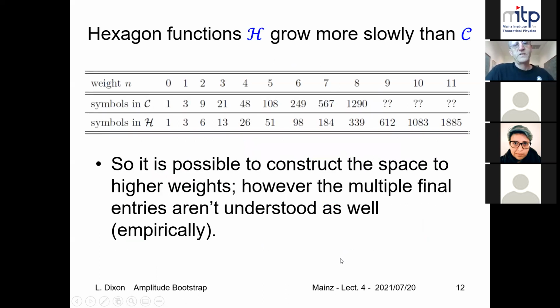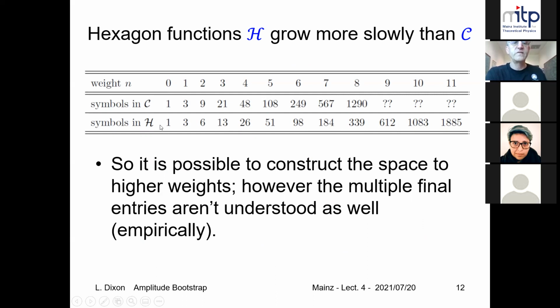When you build up the space of hexagon functions at symbol level, order by order, using these rules, that you have a first entry condition and 40 pairs and nothing else, this is the dimension that you find. Actually, that's not quite true. There are some other conditions that are a little subtle involving zeta values that cut these down, but not by very much. So it's approximately a correct statement.